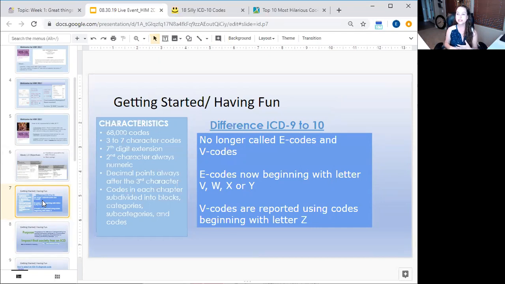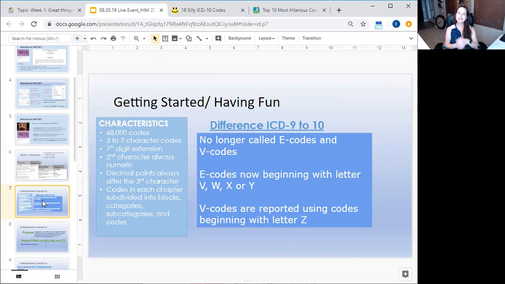V codes would be status post, or would be just something to describe something in a different way. So now instead of E codes, these things all begin with V, W, X, or Y, and then of course the V codes starting with letter Z. So that sounds like an alphabet soup right now, but again, as you get into ICD-10, you become familiar with the tabular, you become familiar with the different systems, you're gonna get a lot more exposure to this.